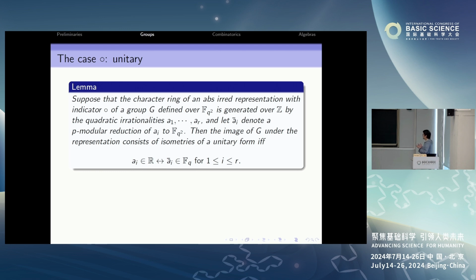So we first determine the character field of the representation. In most cases, they are generated by quadratic irrationalities, which are algebraic integers of degree 2 over Q. So this lemma will tell you when the representation has a unitary form.